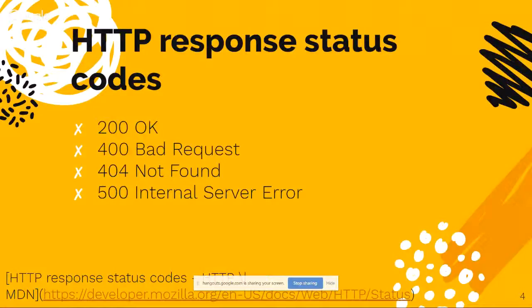So 200 is the code we always want, because that means everything in the request was well formatted, and we are receiving the proper answer. However, we don't receive 200 all the time. We can receive 400.